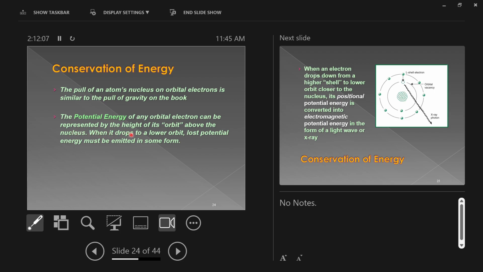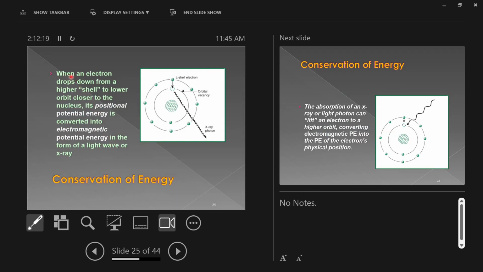The lost potential energy from electrons moving downward from high orbits to low orbits must be accounted for. So here's the trick. When in an atom, an electron drops from a high shell position, an outer shell position, to a lower shell position, its potential energy that it had purportedly lost is not lost.